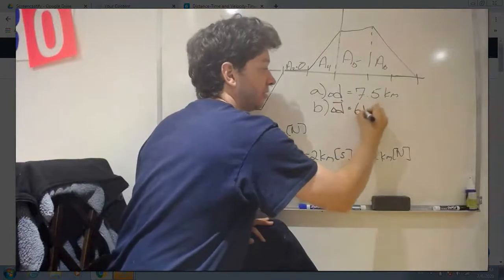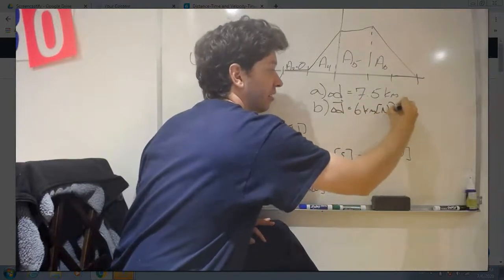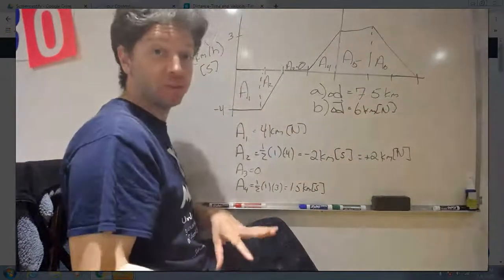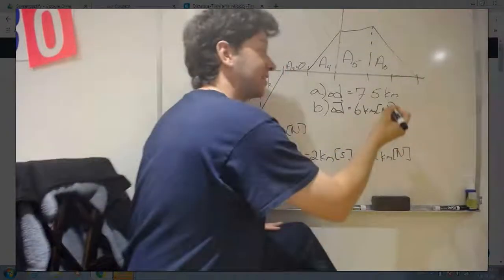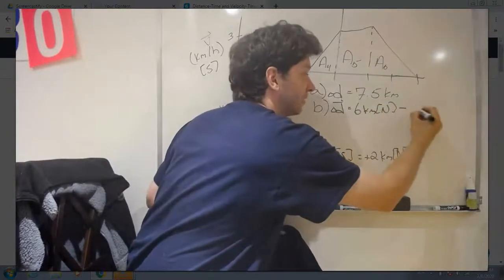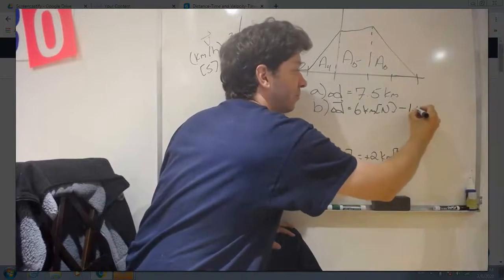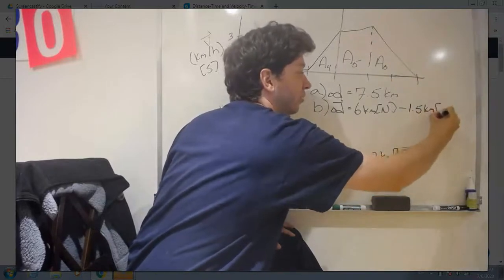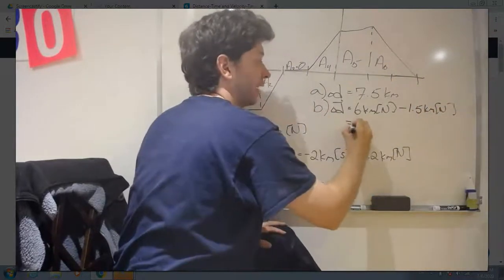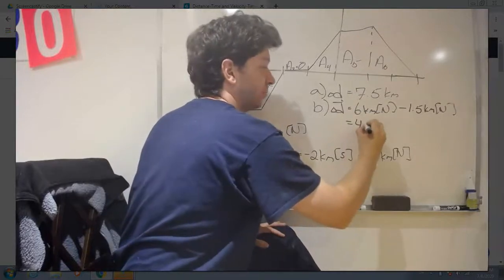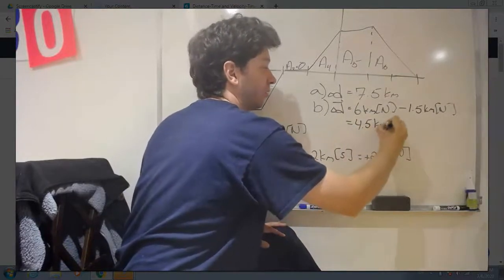So 6 kilometers north, and instead of writing plus 1.5 south, we can change south to north and subtract. So minus 1.5 kilometers north, okay, which gives us 4.5 kilometers north.